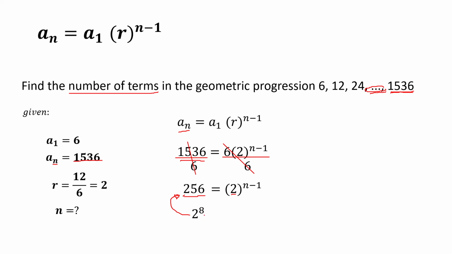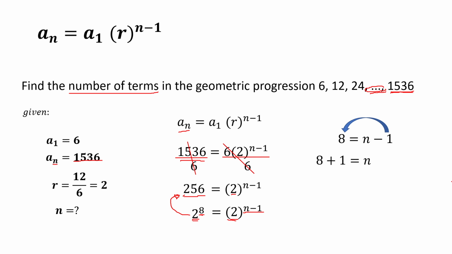Okay? So, after that, 256 is equal to 2 raised to the power of n minus 1. So, in this case, magkapareho na sila ng base. Pag merong magkaparehong base, pwede na natin i-equate yung mga exponents nila. So, since same yung base nila 2, pwede nang i-equate yung dalawa. So, 8 is equal to n minus 1. Again, you transpose negative 1 to solve for n.